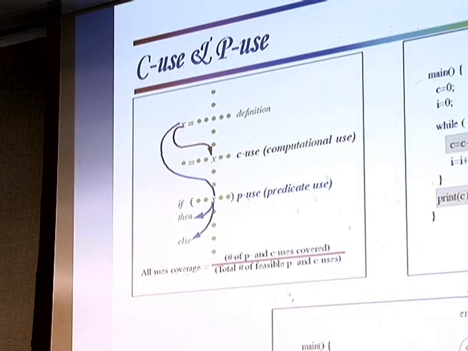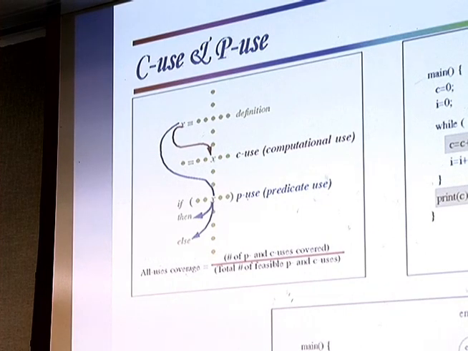It's used in a computational statement, definition, use. So if you have two paths, first path, second path, for statement coverage they only care whether this statement is executed. But for C-use, you have to make sure not just this path, but also a different path are executed.